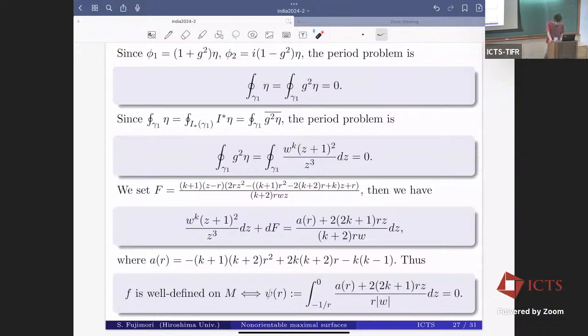So we set big F this way. This is very complicated. It is quite hard to find such an F, but finally we can find it. Then we take the derivative of this and add this. So this is an exact form, of course. Then we have this, where A is this polynomial of R.